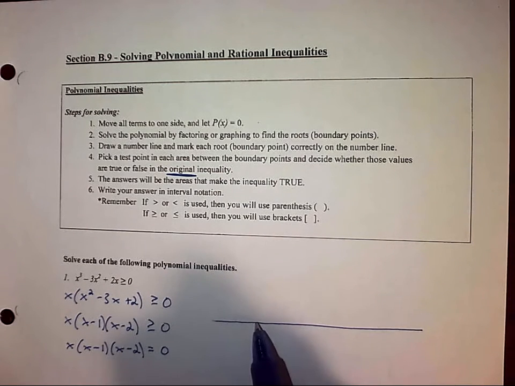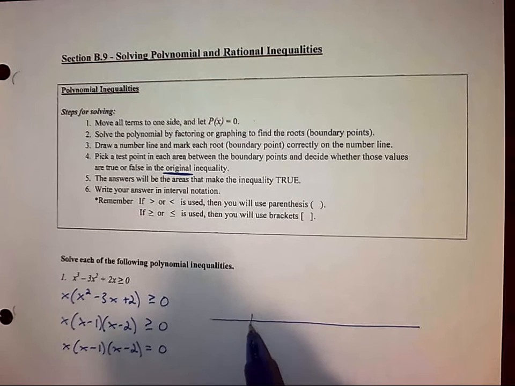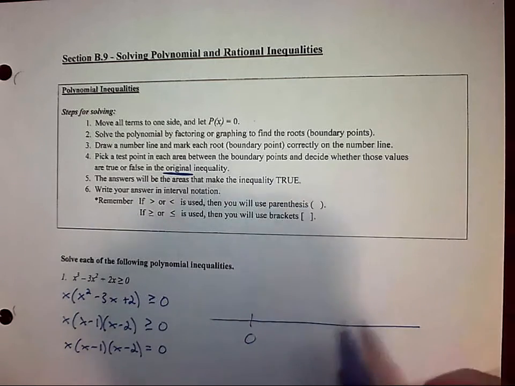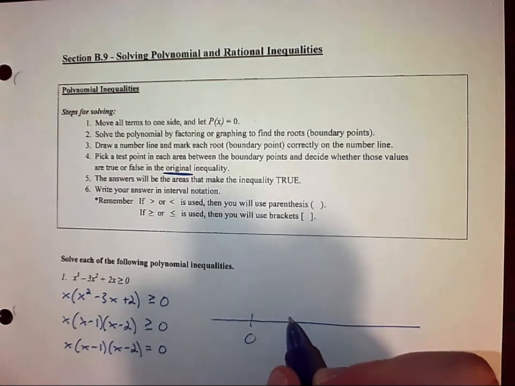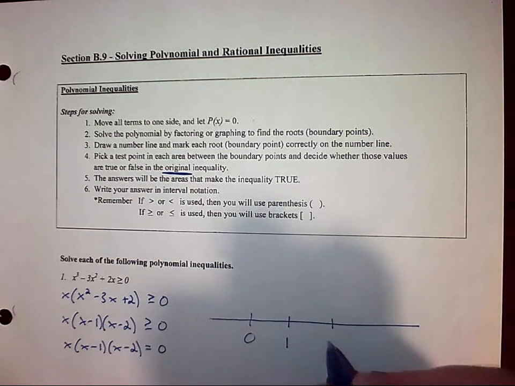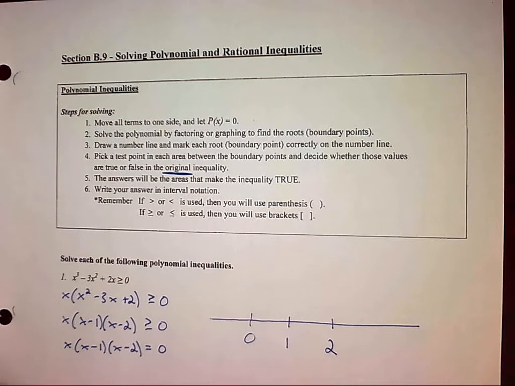So 0 would make it equal to 0. If we plugged in 1, that would make it equal to 0. So here, this is going to be 1. And if we plugged in 2, that's also going to make it equal to 0. So here, we're going to have the number 2. Okay, so I put them on a number line here.